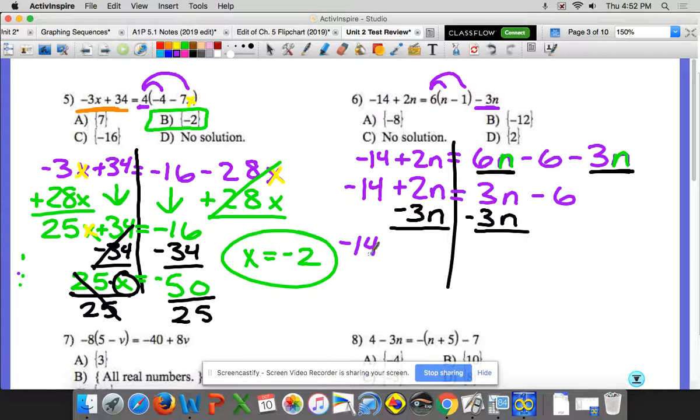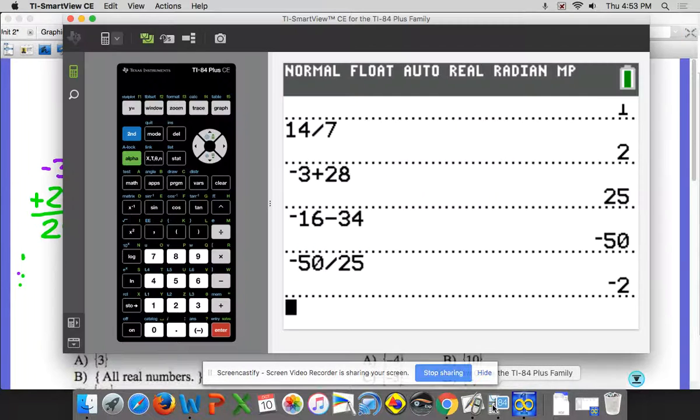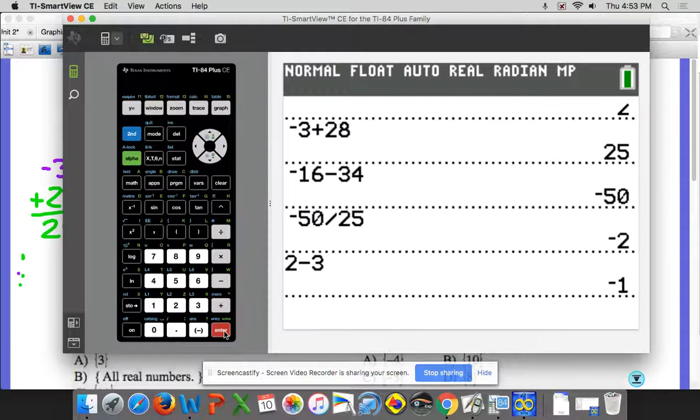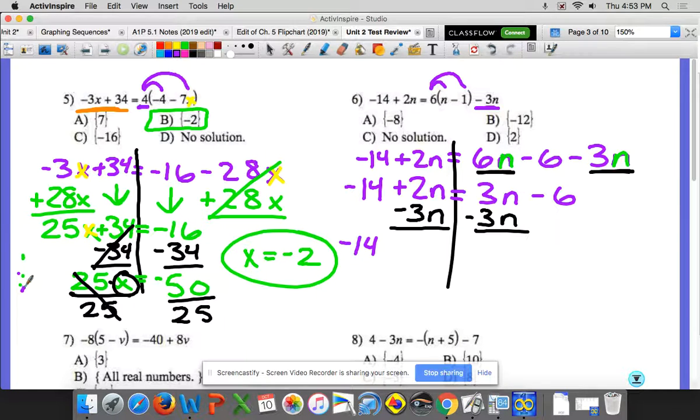Haven't done anything yet, so it comes down. And then we have 2 minus 3. We can still go to our calculator for that. 2 minus 3, and we get negative 1, or negative 1n. The 3n and the negative 3n cancel, so we bring the negative 6 down.